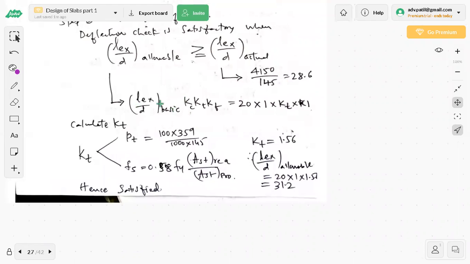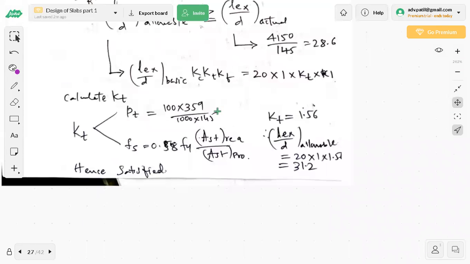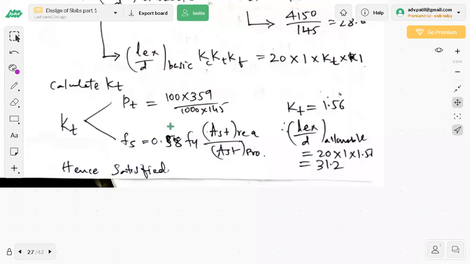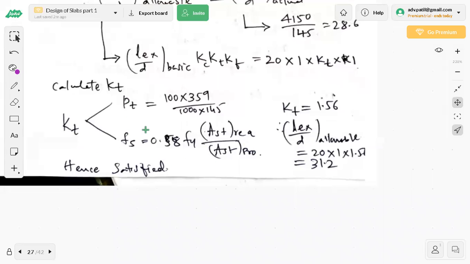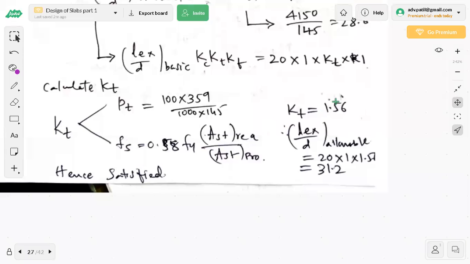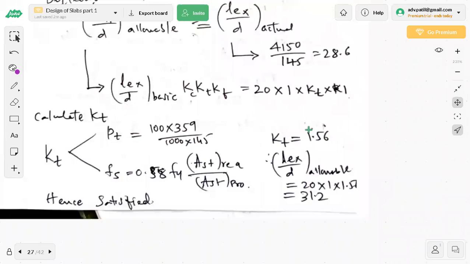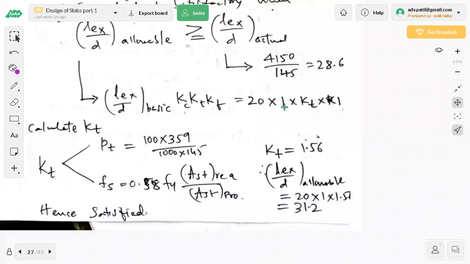Lx by d for a simply supported beam or slab is 20. 20 into 1 into 1 into Kt. Kt is calculated using Pt and Fs values. So I think you just go back and try to understand this. Already this has been explained. Finally, Kt I got as 1.56. I'll substitute 20 into 1 into 1.56.